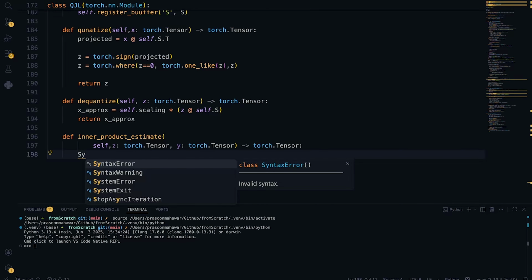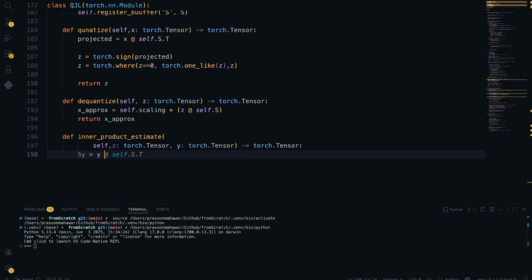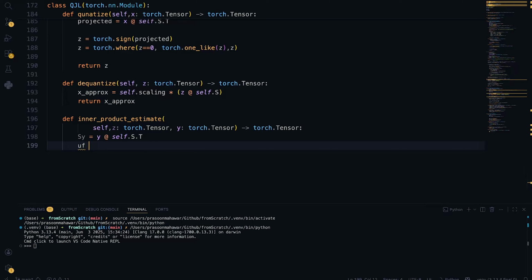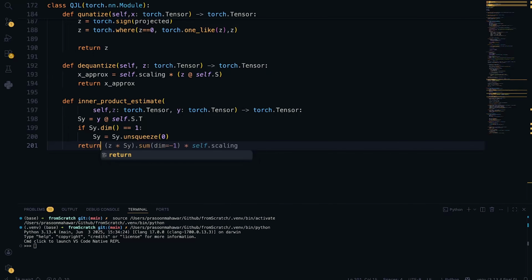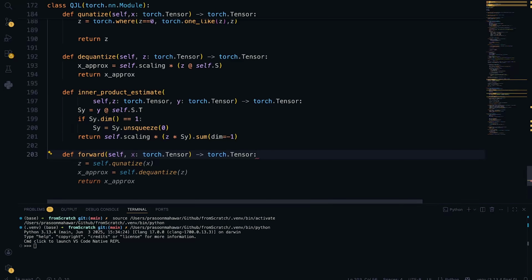So sy equals y matrix-multiplied with the transpose of s, and if sy.dim is equal to 1, then we do sy equals unsqueeze 0 to match the dimension, and we return self.scaling times z times sy, summed over dimension equals -1.